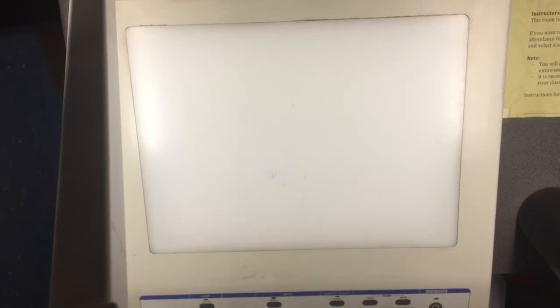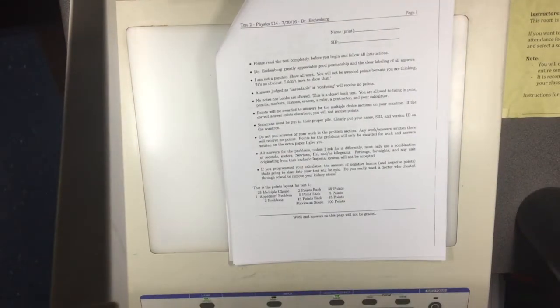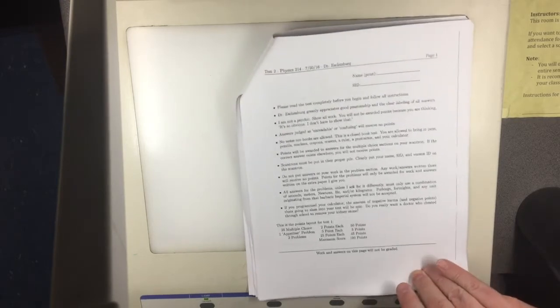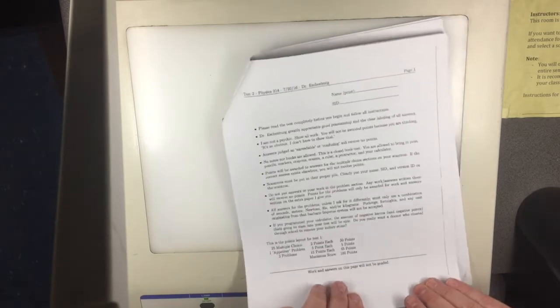This will be test 2 from last summer term, July 20th, 2016. What we're going to do is we'll just go over the multiple choice and then we'll do the problems. And then we'll keep on moseying on.